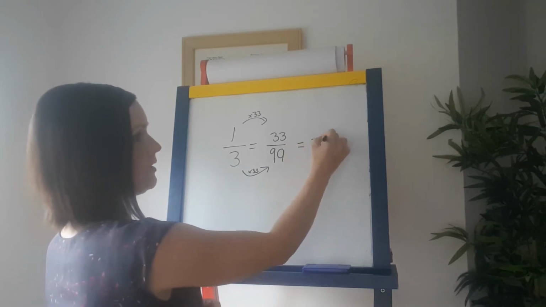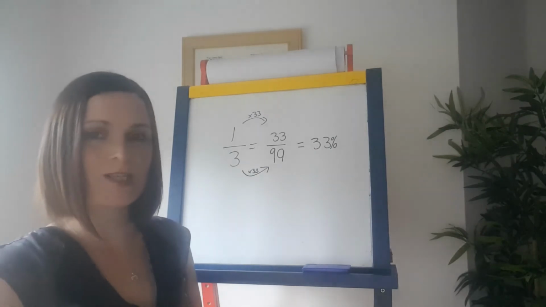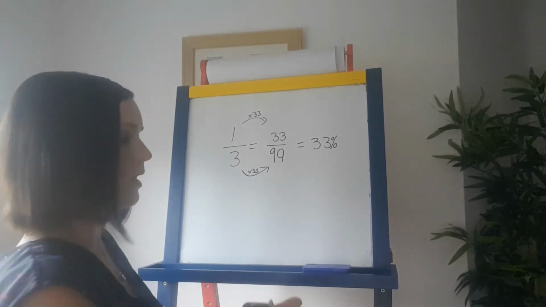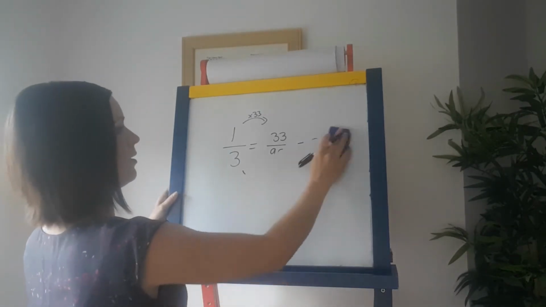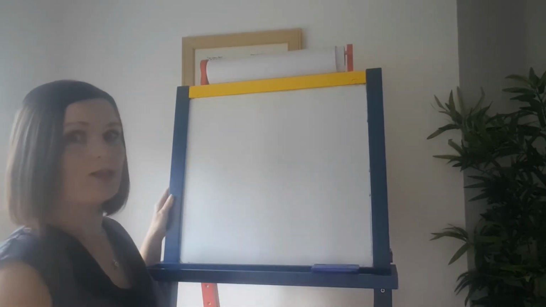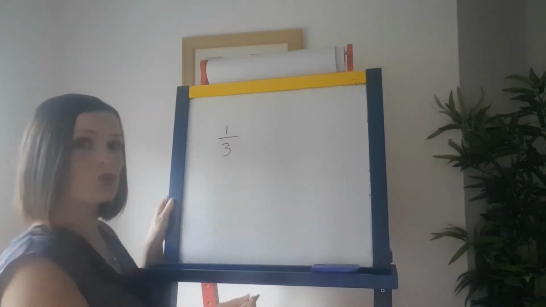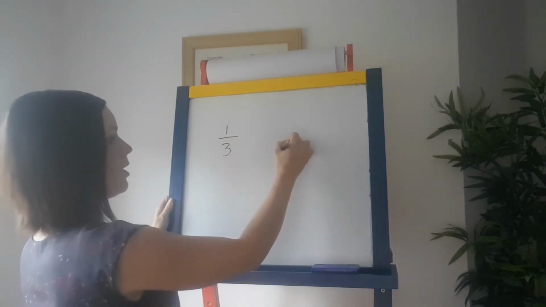So quite often, a third is known as 33%. And I'm going to show you why as another way. Now, a fraction is also another way of doing a division. So 1/3 can also be thought of as 1 divided by 3.